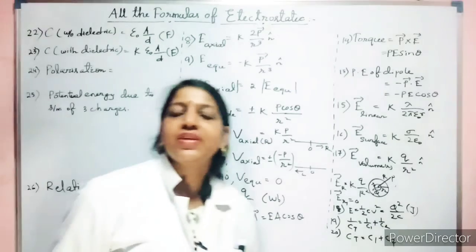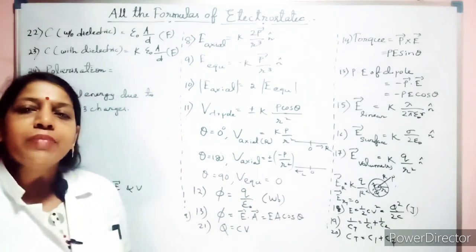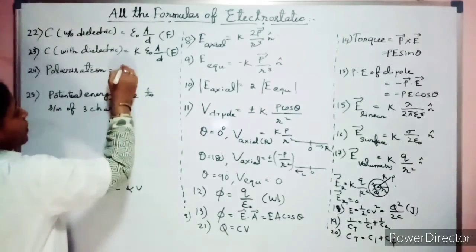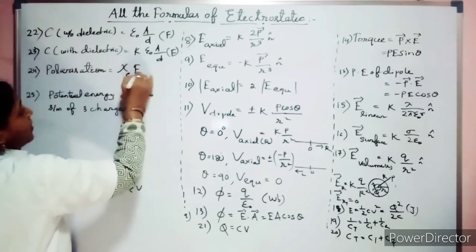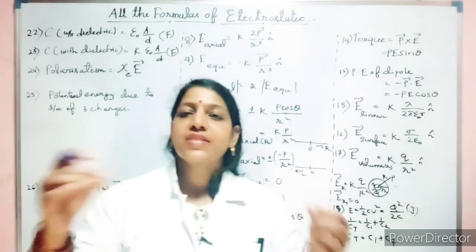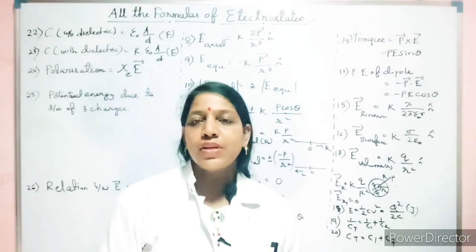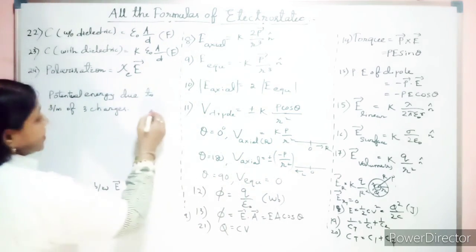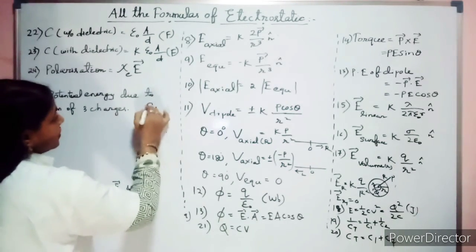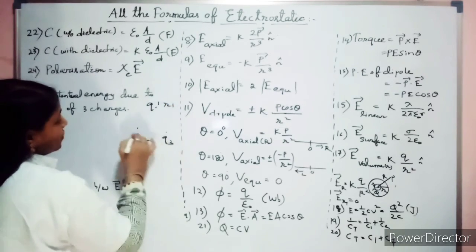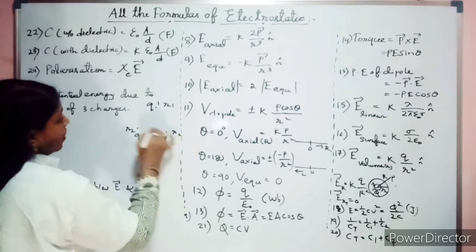Next, polarization. That is due to the alignment or orientation of the charge carriers. How much is it? Polarization equals χe into E. Okay. Next, if you are arranging certain charges in a particular configuration, how much will be the potential energy? Let us see it for 3 charges. For example, you are taking 3 charges Q1, Q2, Q3 with position vectors R1, R2, R3.